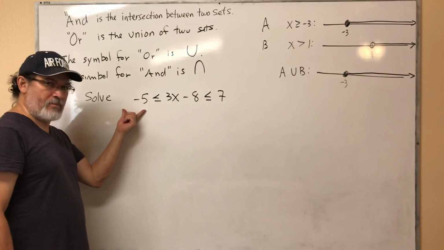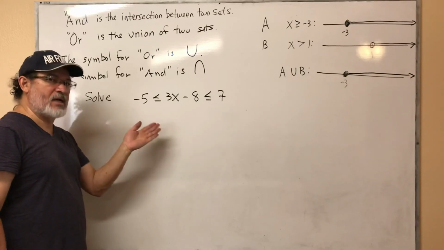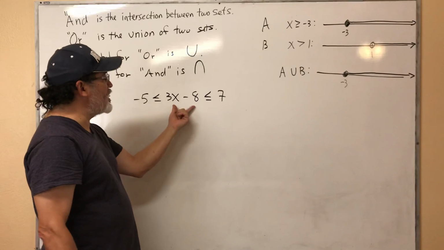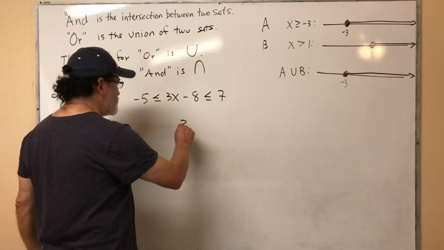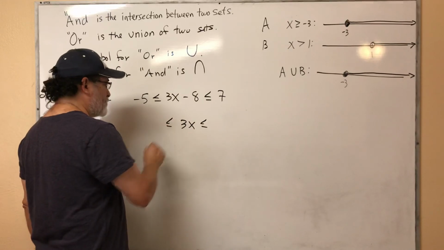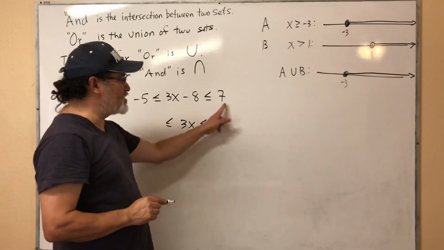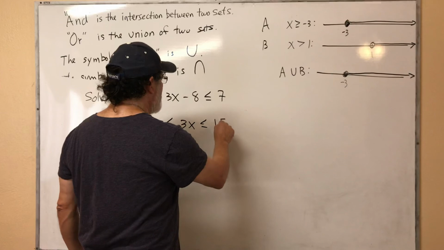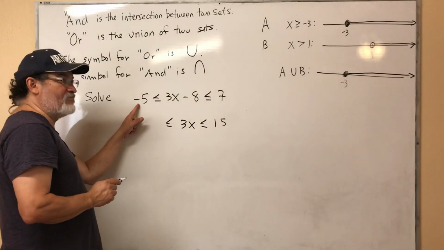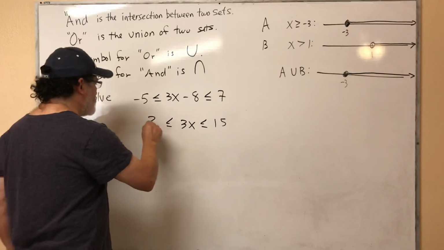You've got to add it to all 3 sides. So if you add 8 to this side, you get 3x. If you add 8 to this side, you get 15. If you add 8 to this side, what's 8 minus 5? You get 3.